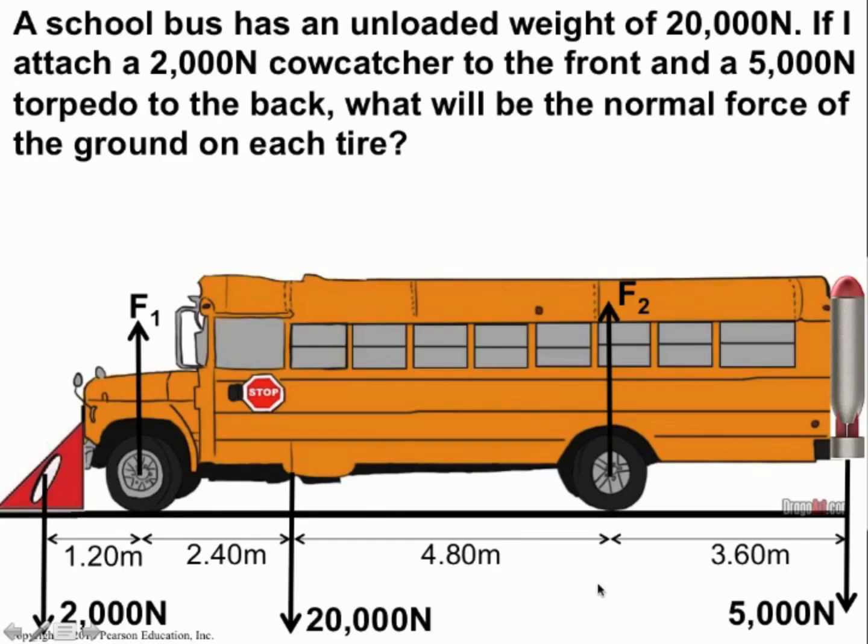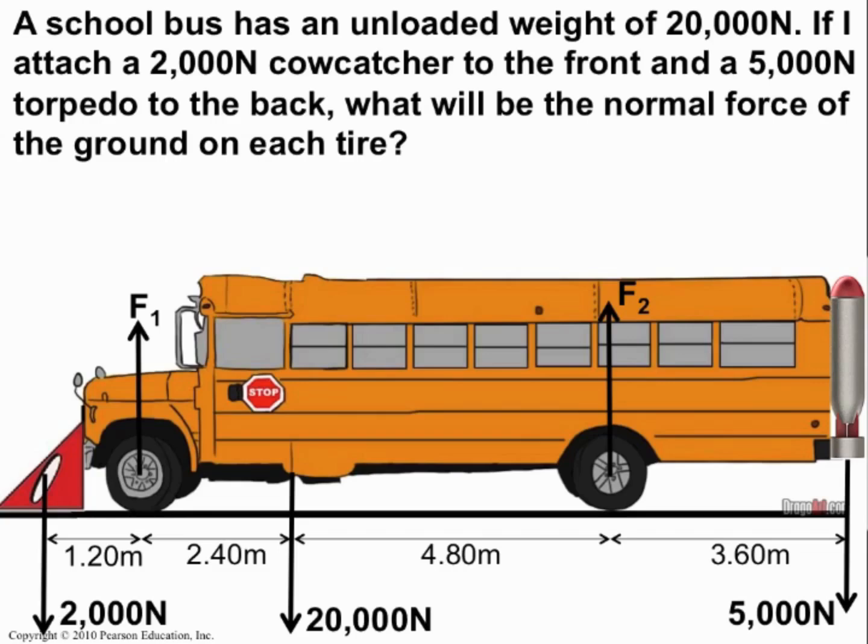And then we also have the 5,000 newtons coming straight down from the torpedo. Now F1 and F2 would be normal forces, forces that go straight up. And obviously we know that the total amount of normal force has to cancel the total amount of downward force.